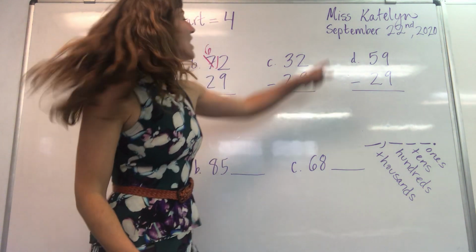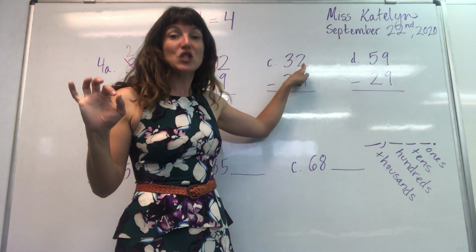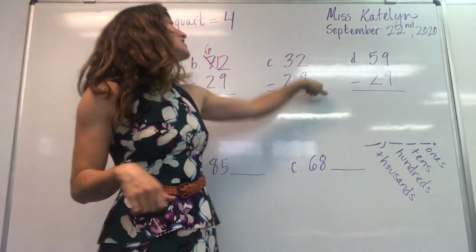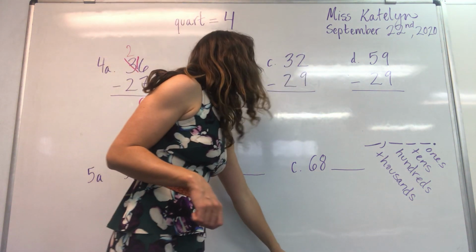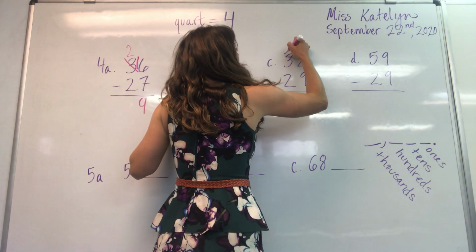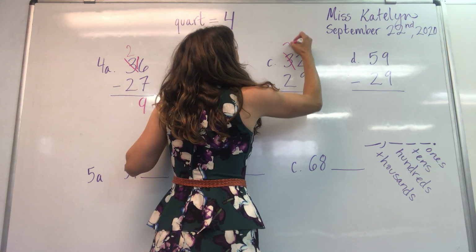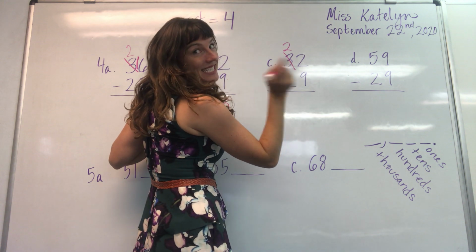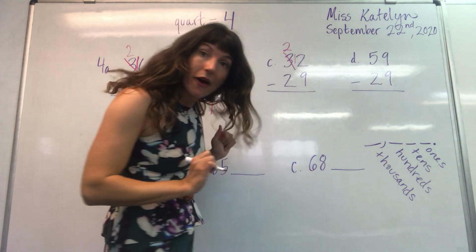So we have to sing our song. 2 minus 9 can't be done because the top number's smaller than the bottom one. So I borrow from the tens and turn it into 10 ones. I borrow from 30. That becomes 20, and I add 10 plus 2 to get 12.